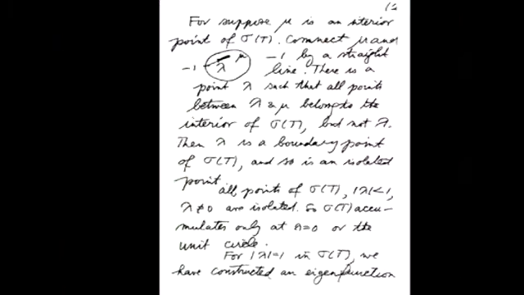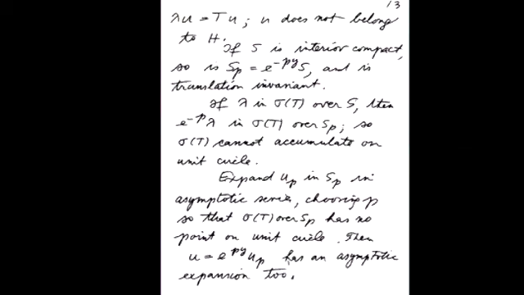Now, when lambda is on the unit circle and in the spectrum of T, we have constructed an eigenfunction. We constructed it only on a finite interval, but one can easily extend it to the whole interval.